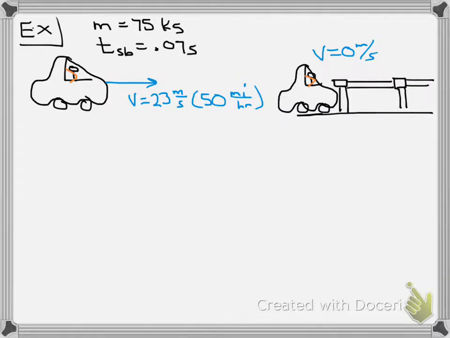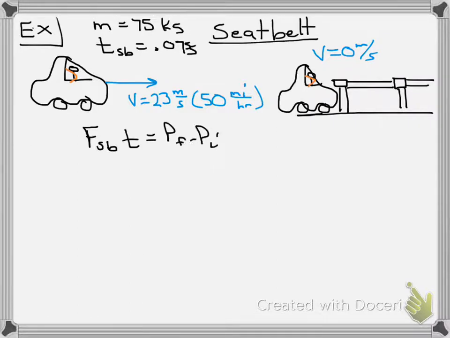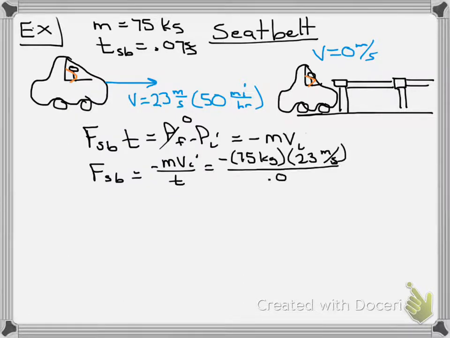Now, there are some ways we can increase that, and we'll talk about that in a minute. So the force of the seatbelt on the person multiplied by the length of time it takes to come to rest equals the change in momentum of the person. So we can find the force of the seatbelt on the person, and that is negative 24,643 newtons.